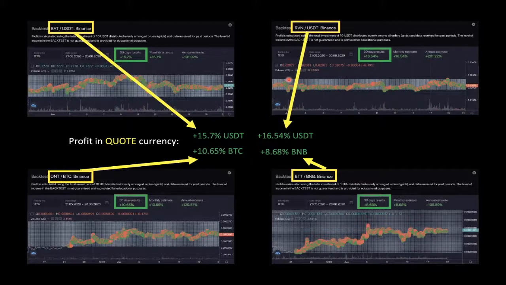With the absolutely risk-free trading mode that we have, paper trade, that's the demo mode, and the backtest feature, you can find out what the bot would have generated for you if you had launched it back at some point in time, let's say a month ago, weeks ago, days ago.